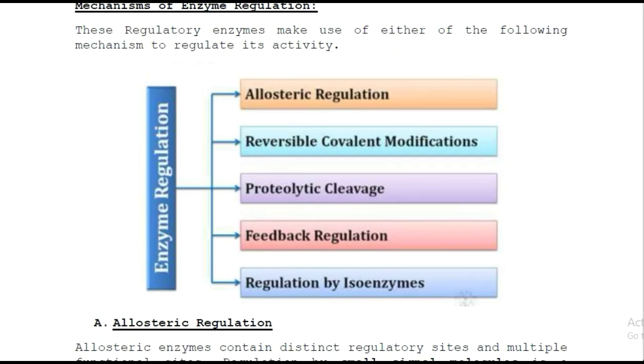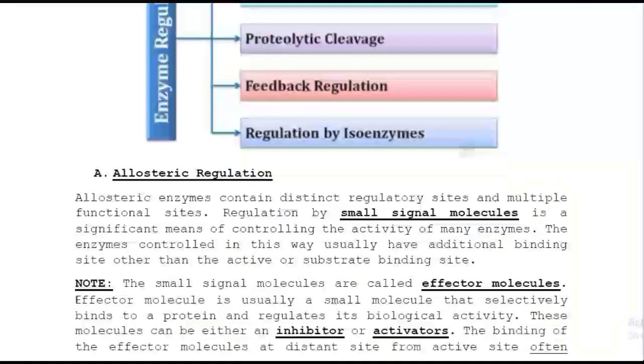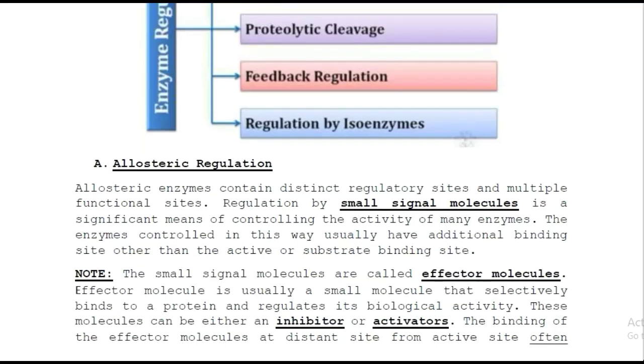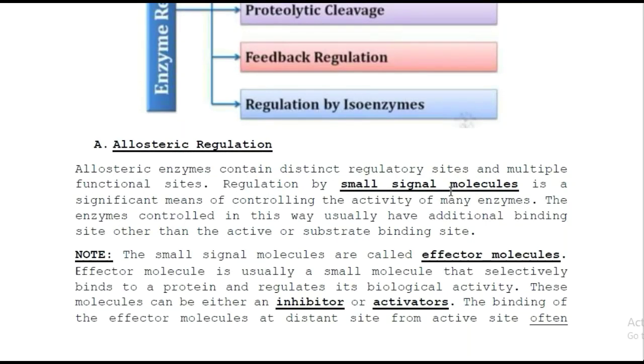Allosteric enzymes are the most important and numerous among the different types of enzymes that regulate our pathways. They have allosteric sites, and this allosteric site is different from the active site. This site often binds to small effector molecules that regulate the enzyme. These effector molecules can be cofactors or coenzymes.